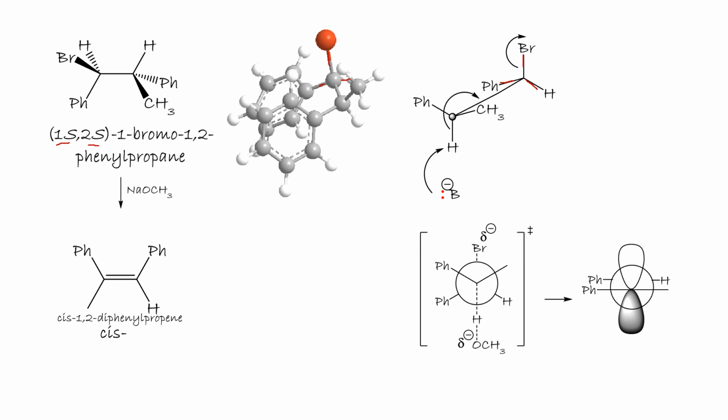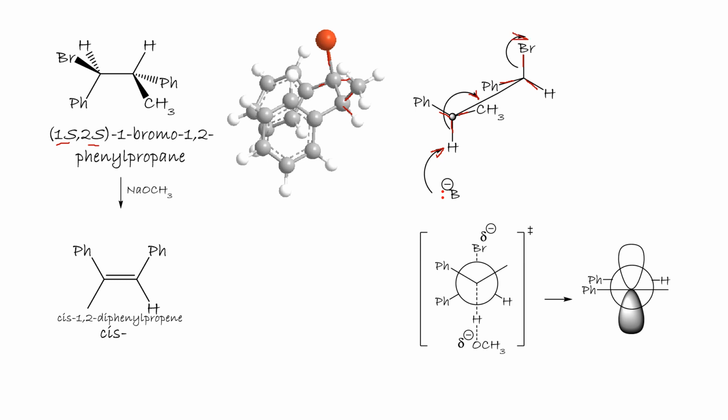Here is phenyl, hydrogen, CH3 on the other side, okay, and hydrogen in here. So that is anti-coplanar. Base will attack, forming a double bond, losing Br.